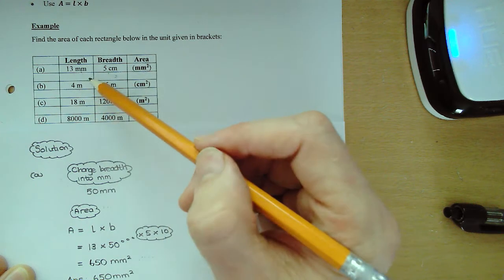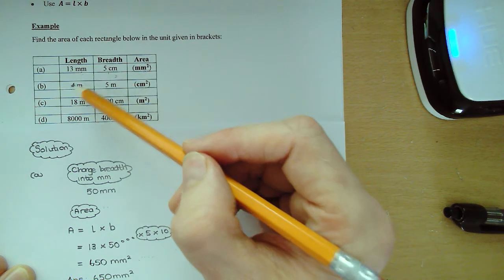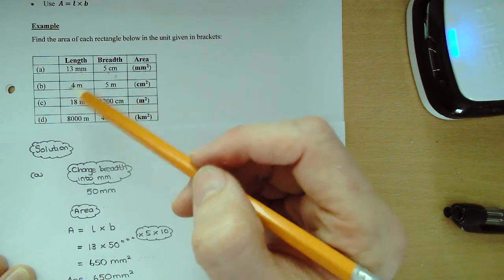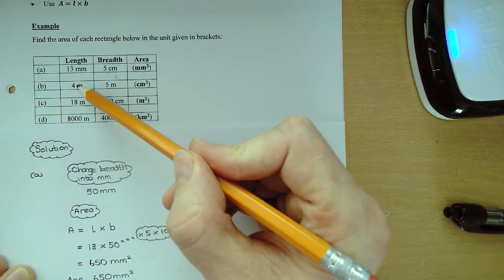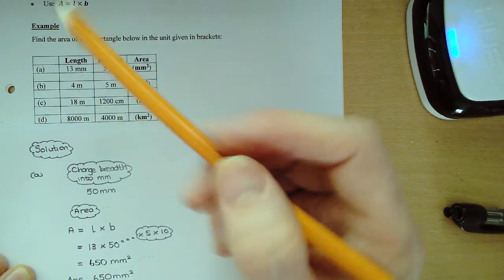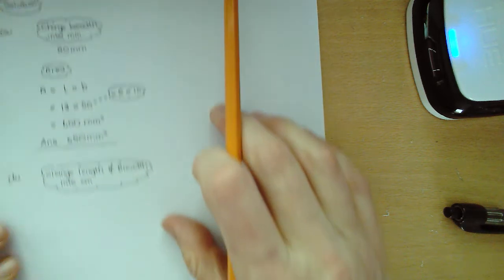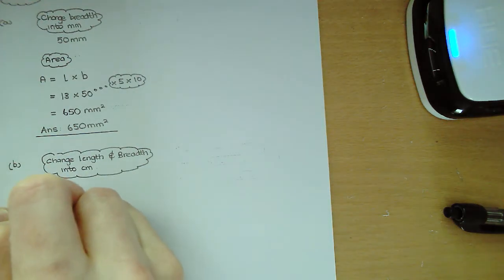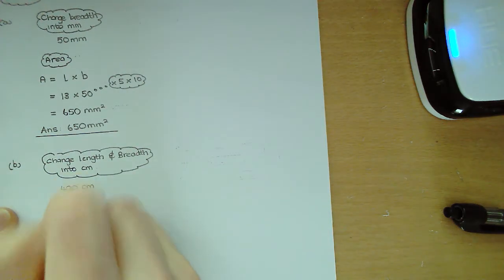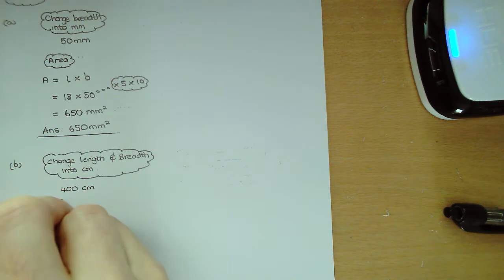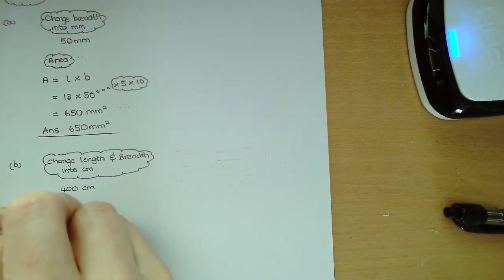So we're changing from a bigger unit into a smaller unit. Remember to multiply. So we're multiplying 4 by 100 and we're multiplying 5 by 100. So the new length is going to be 400 centimeters. And the value for the breadth in centimeters is going to be 500.